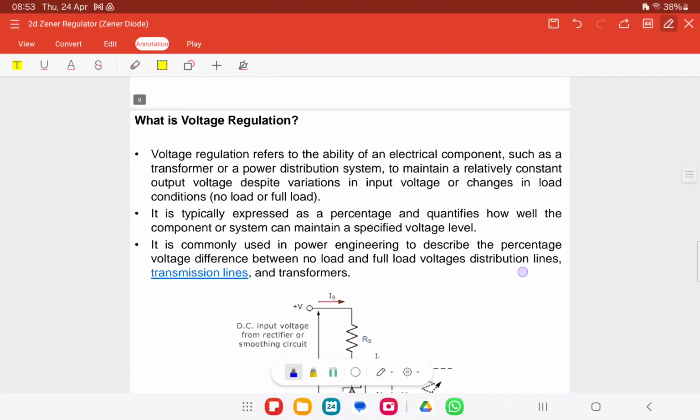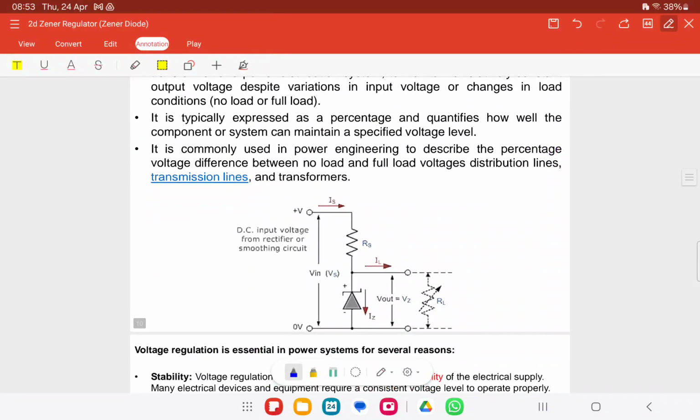And this is on the voltage regulator circuit. This is actually for this circuit, for the Zener, we apply in the voltage regulator. This is actually a simple circuit like this. If I redraw it, this is RS. This one is the Zener. And here we have the R load.